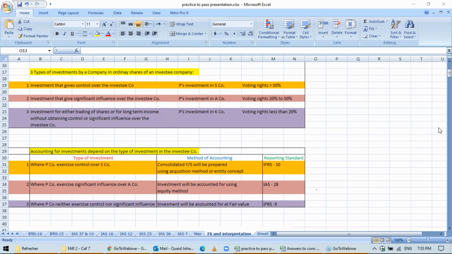Okay, participants, one thing I want to tell you: when I'm solving questions and delivering lectures, it is very difficult for me to answer your questions immediately. So I will answer the questions when I take a 5-minute break. I do try to do it simultaneously, but it gets very difficult because I'm writing on the Excel sheet as well.